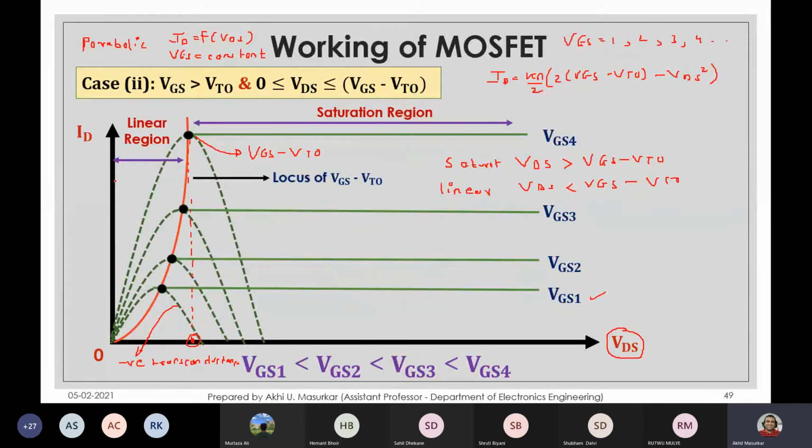So this is basically my output characteristics. We have also seen this in our lab, that we get such characteristics and call them output characteristics.